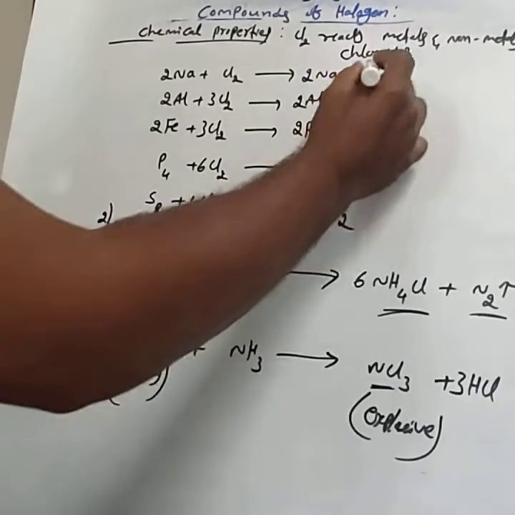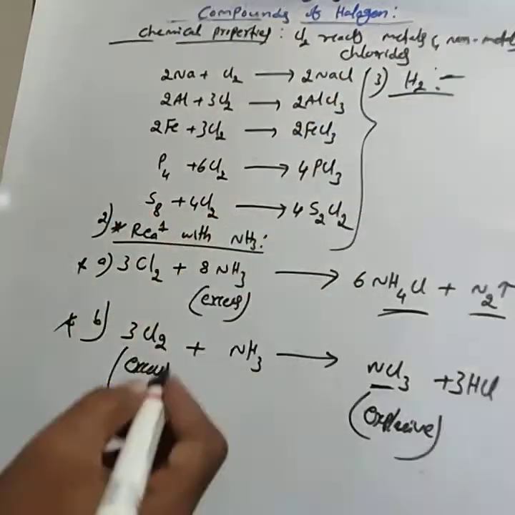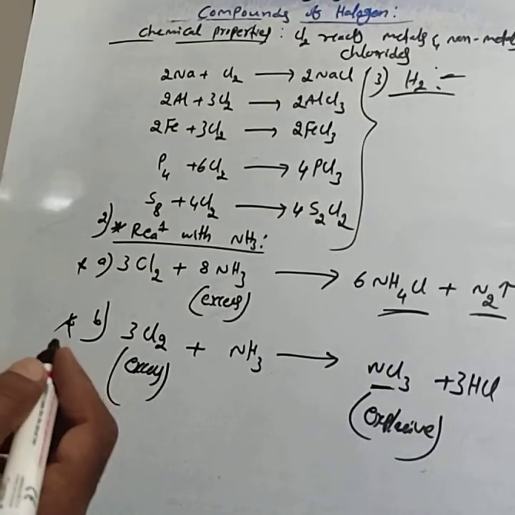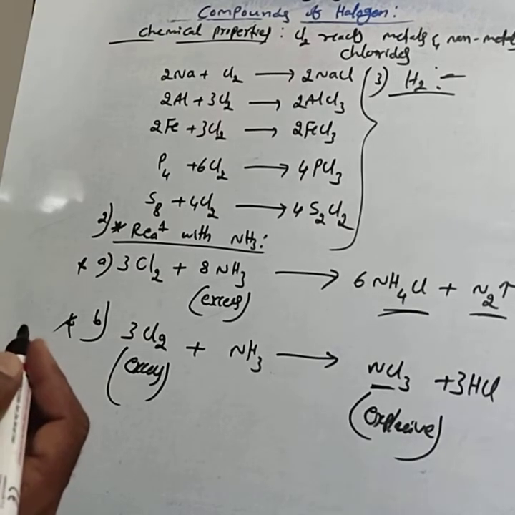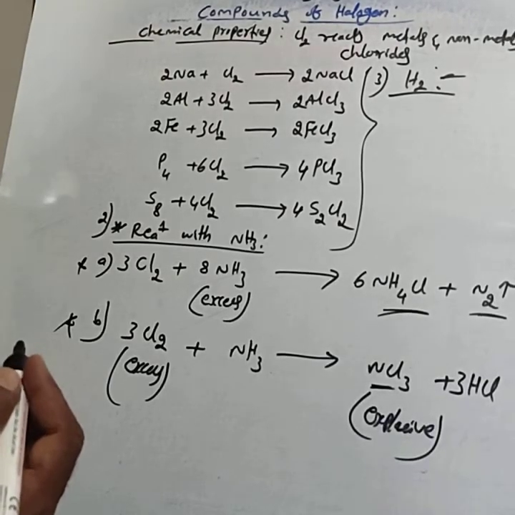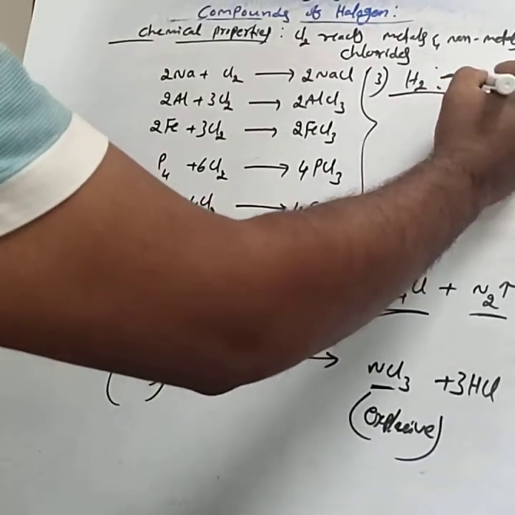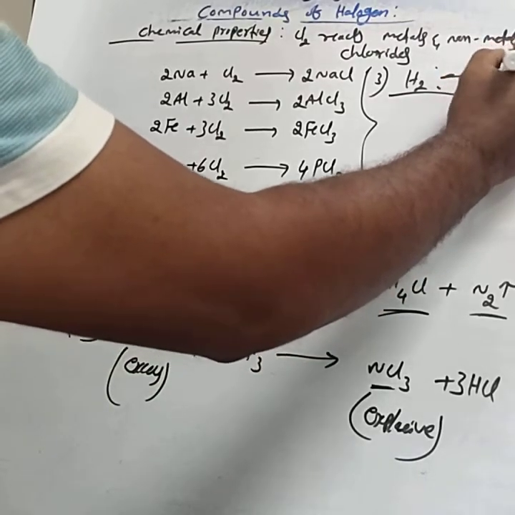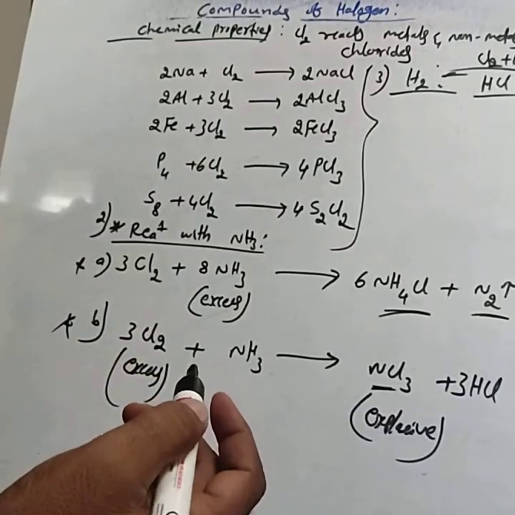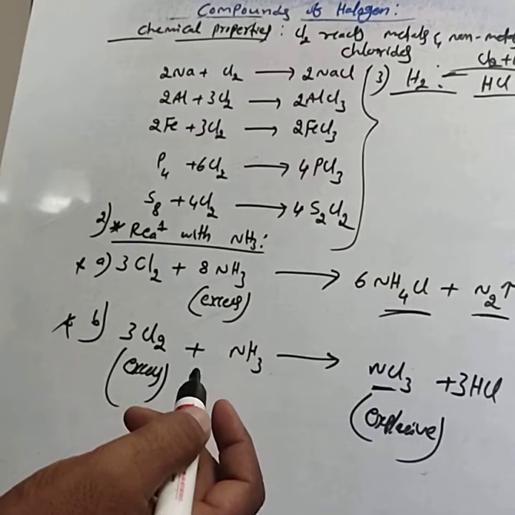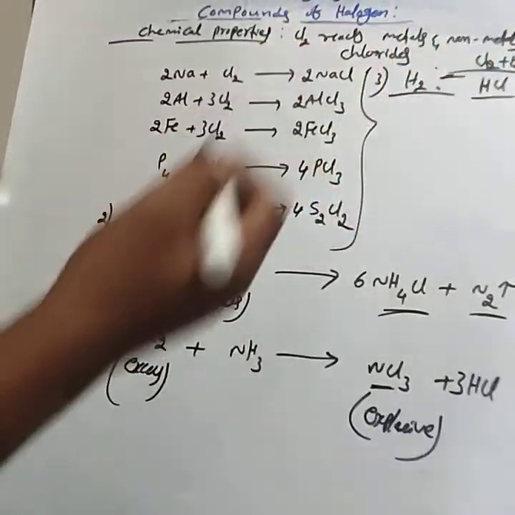Then the next one is the reaction with hydrogen. Chlorine has greater affinity for hydrogen, hence it reacts with compounds containing hydrogen and forms HCl. When chlorine directly reacts with hydrogen or compounds containing hydrogen, the product formed is HCl.